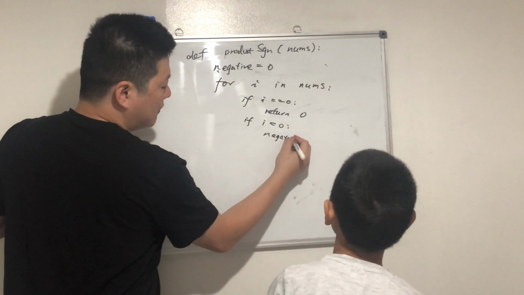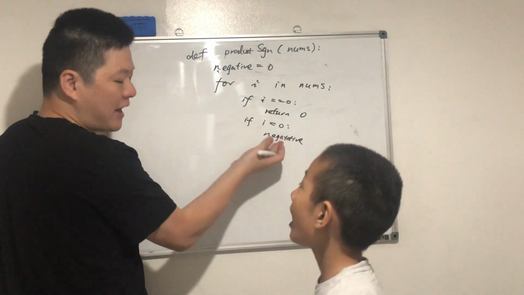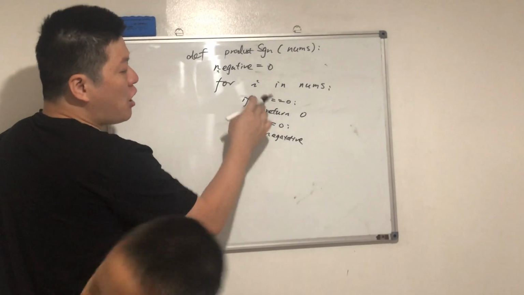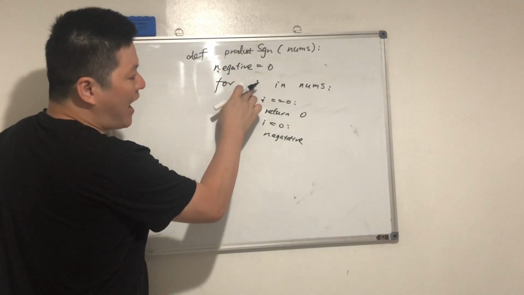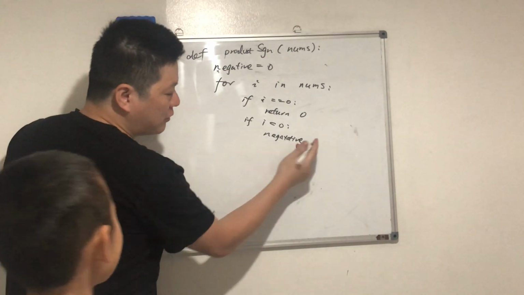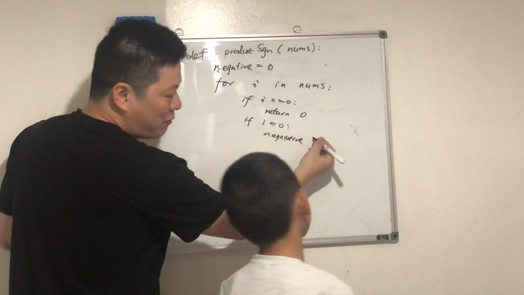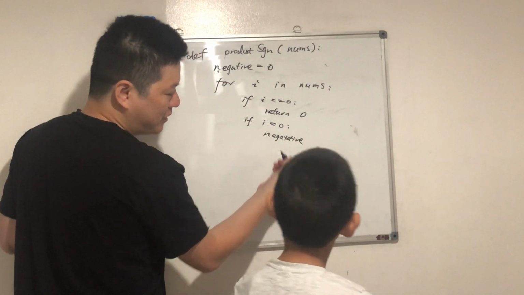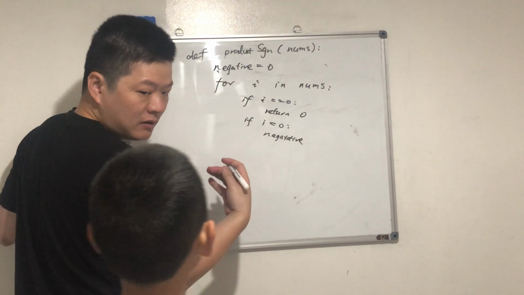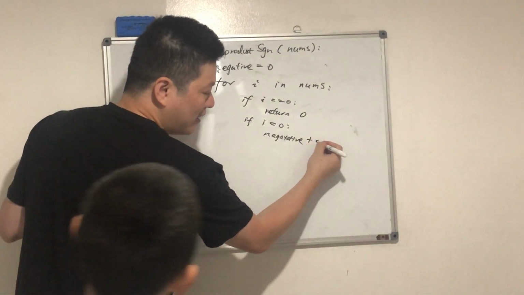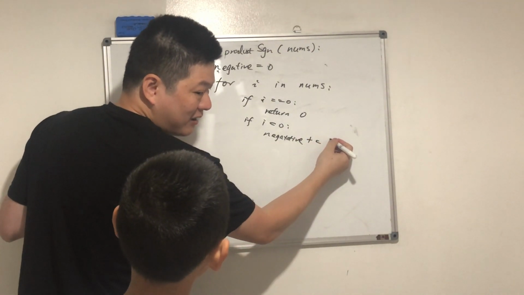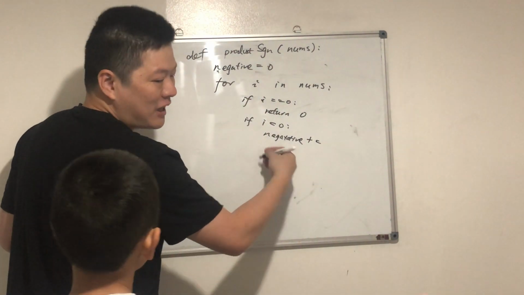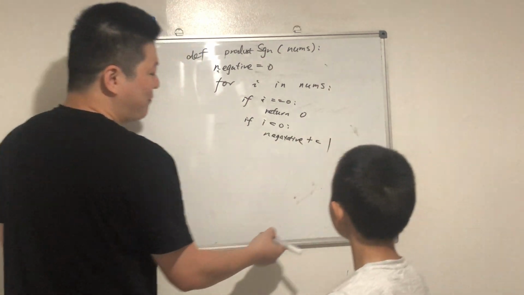We have known i is a negative number, so we want to count. Negative plus equal what? Plus equal 1. Come on. That's it.